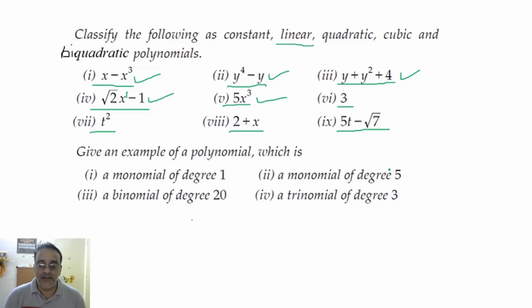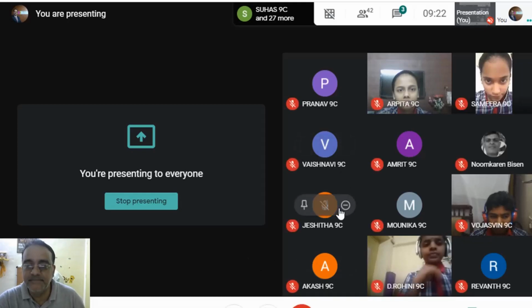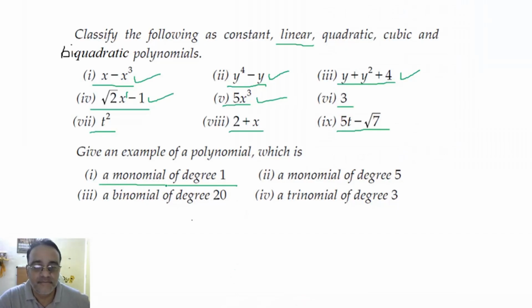Okay. Now, one more question. I told you that you have to write polynomial based on some given condition. So, now one by one I will ask. Don't tell the answer in a group. Give an example of polynomial which is monomial of degree 1. Vaishnavi. Sir, 3. 3 का degree 0 होता है.